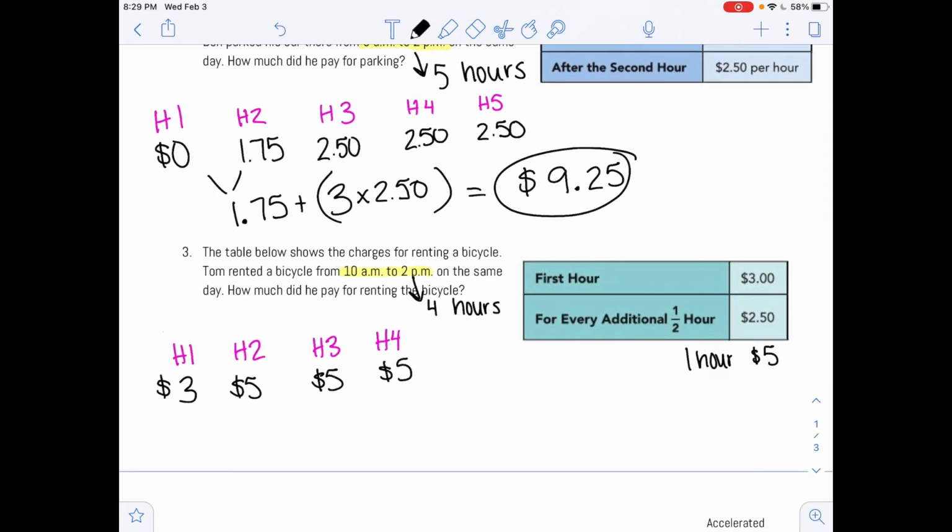We can either add all of these up together, or we can think about this as $3 plus 3 groups of 5. And when we add and multiply that all together, we find that his total is $18.